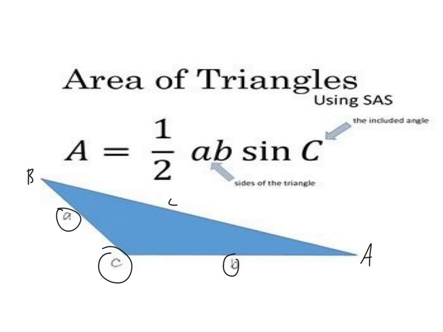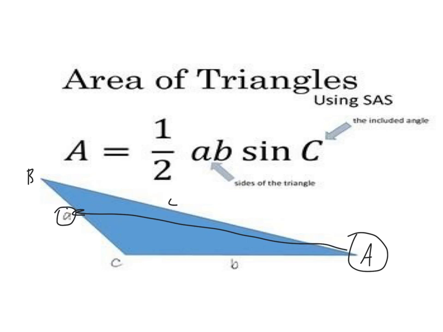Now the last thing that we need to know before we go on is how we name or label triangles. Side lengths and angles that are across from them, we always use the same letter. So angle A, which is a capital A, is always across from side a, which is a lowercase a. Angle B, a capital B, is always across from side length b, a lowercase b.